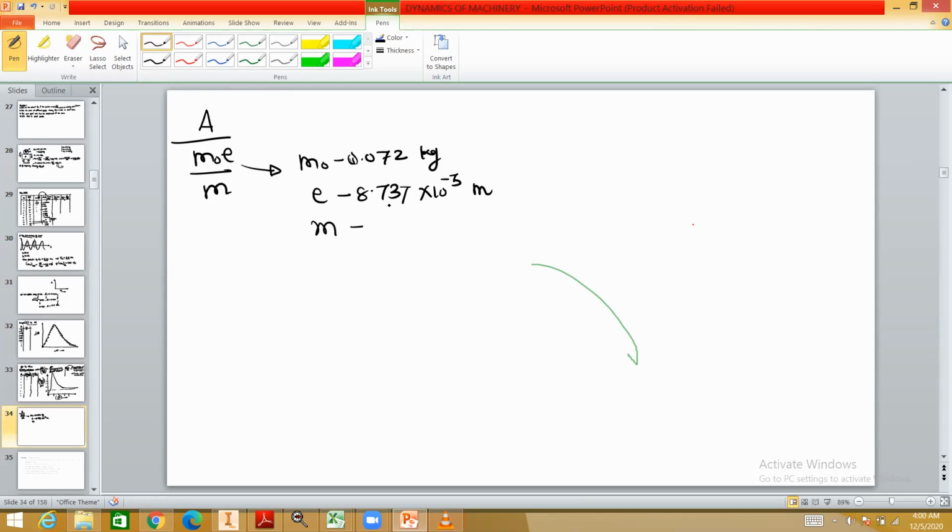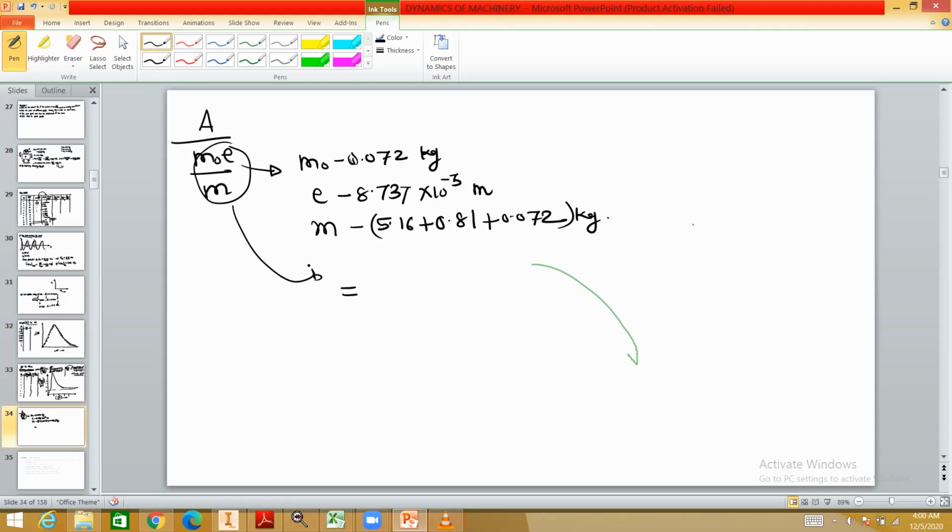Your M value, M is the total mass. So here mass is 5.16 plus 0.81, that is the mass of the motor, and that eccentric mass m0, which is 0.072 kg. So find out this denominator.